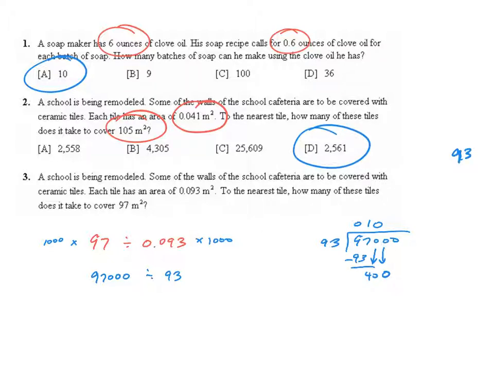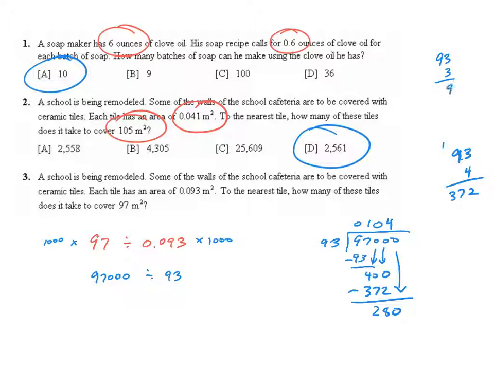Let's guess maybe 4 times. 36 and 1 is 37, so it looks like it is 4 times. And it does say to the nearest tile, so I may have to go to the 10th place here. 93 will probably go into 280. Let's go ahead and do 3 times.